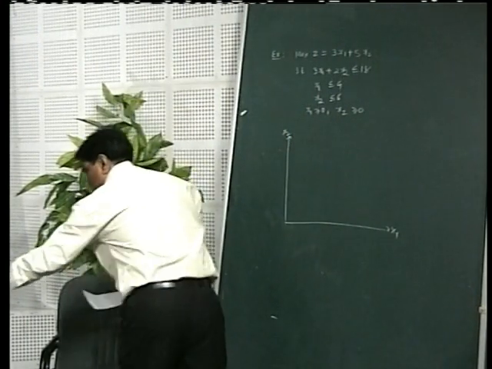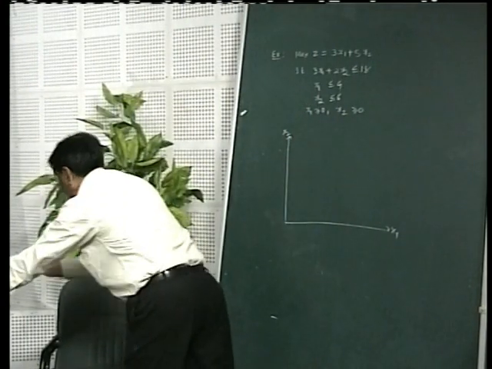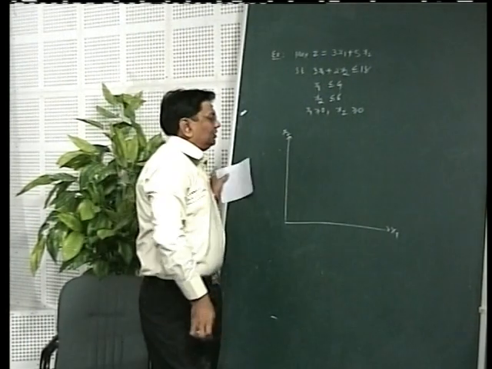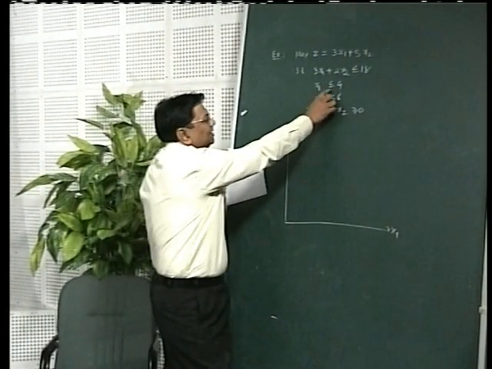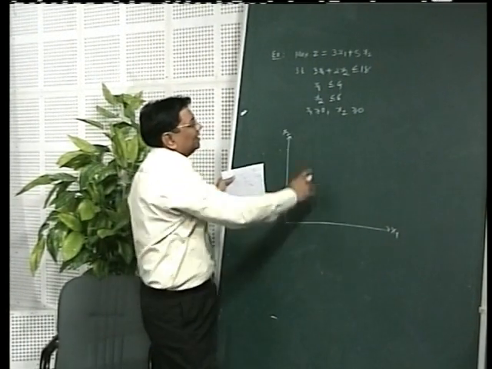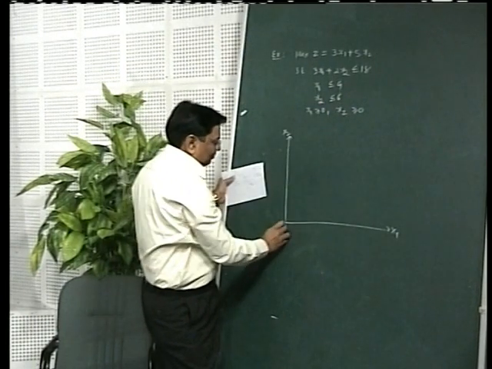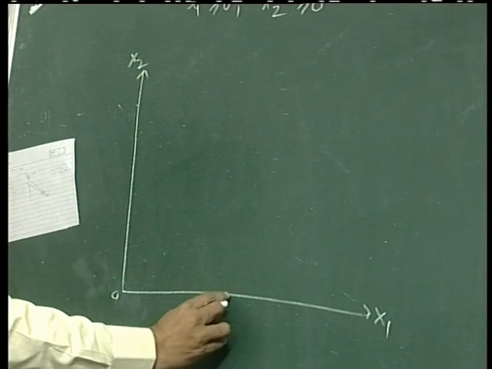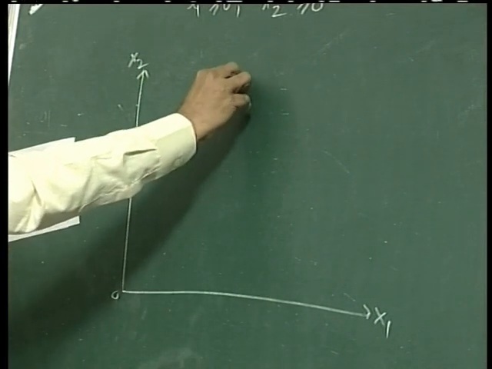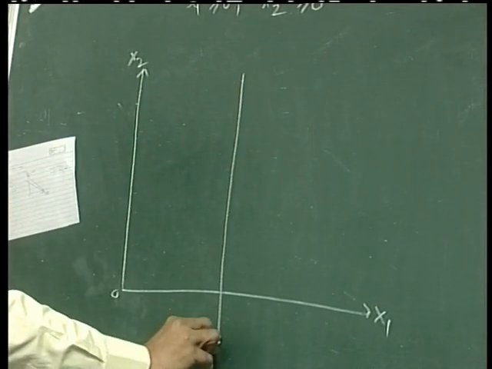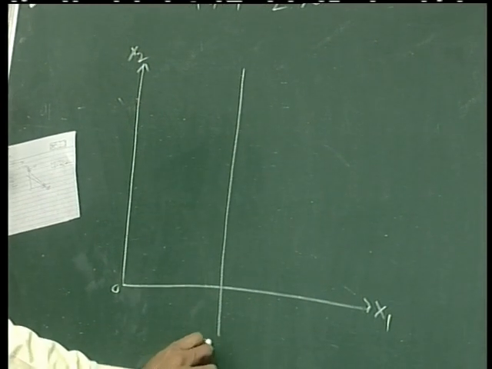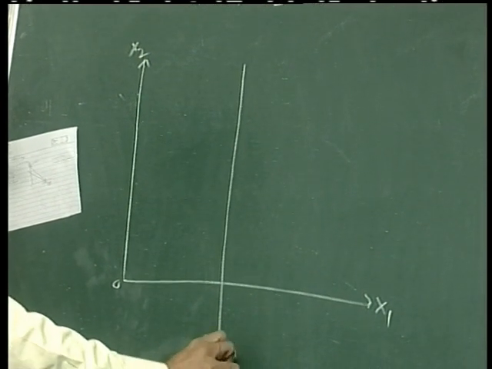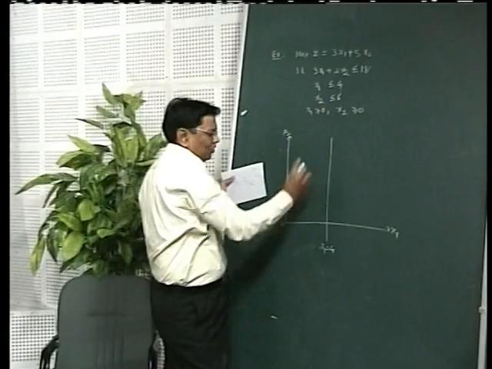x1 less or equal to 4, and x2. How is this formed? We consider these inequalities as equalities. So x1 equal to 4, here is 0, x1 is measured here, so this is my line x1 equal to 4. I have considered equality.